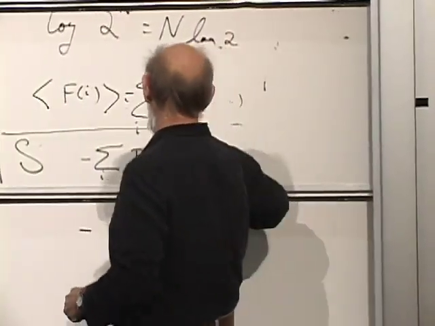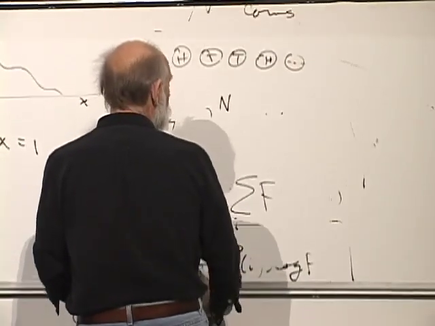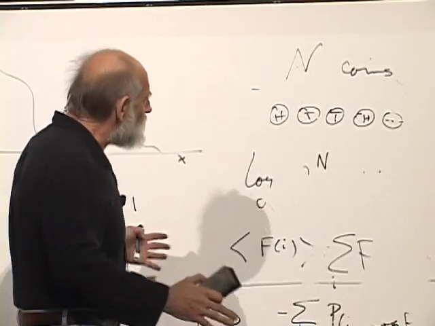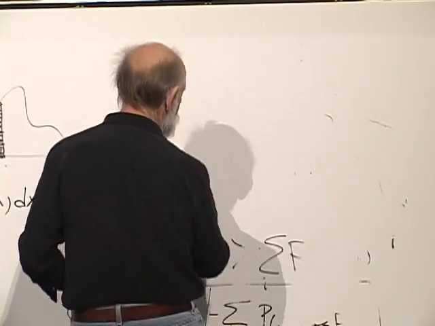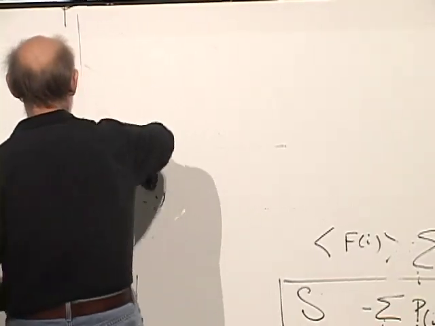Let me first explain when a system can be said to be in thermal equilibrium. These are not necessary and sufficient conditions. This is a necessary condition, but for many systems it's sufficient. For lots of systems, this is good enough.